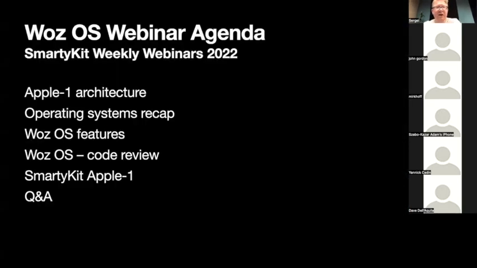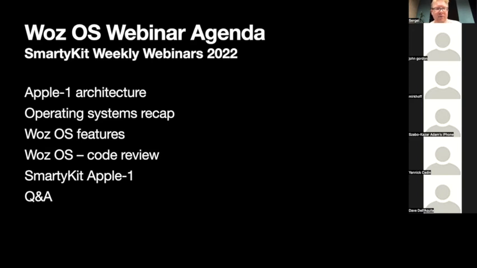Okay, so we're going to talk again about Apple I architecture. And so I see Yannick, that was yesterday, so he probably heard about this, but anyway, we would talk about this for the others. Also, we're going to talk a little bit about operating systems. We're going to recap what it is, and we would talk about Woz operating system features, so we can check them in Emulator.